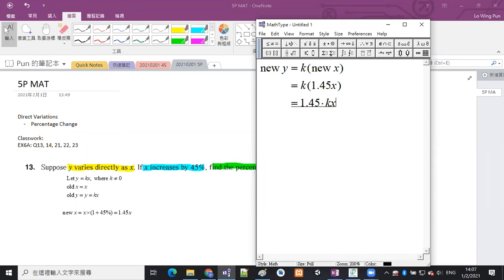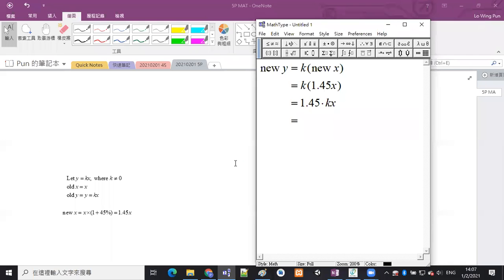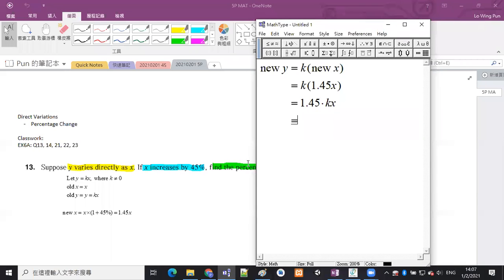The kx is actually equal to the old y. Can you see this? So we use our preparation again to change kx to be the old y. So it should be equal to 1.45y. So the new y is equal to 1.45 times the old y.